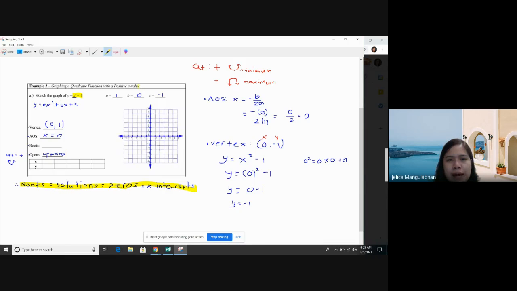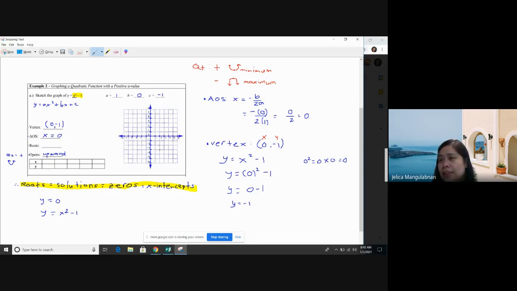Now, how to find the zeros? Let us find the zeros. Okay, let us change the y into 0. So let y equal 0. The equation is y equals x squared minus 1.